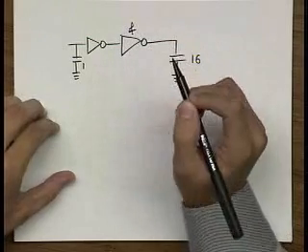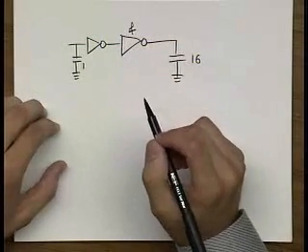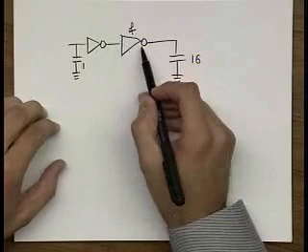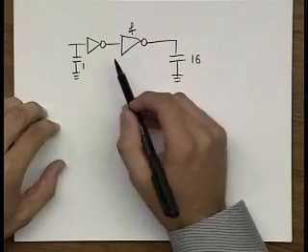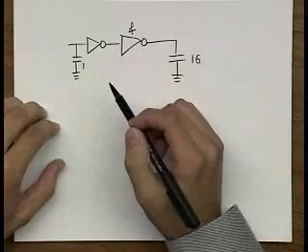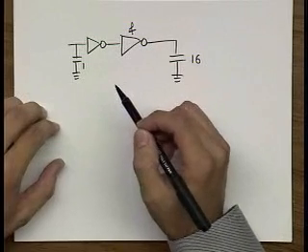We call this sizing factor f. That is the ratio of the input gate capacitance of the next gate in the chain to the input gate capacitance of the previous gate in the chain.